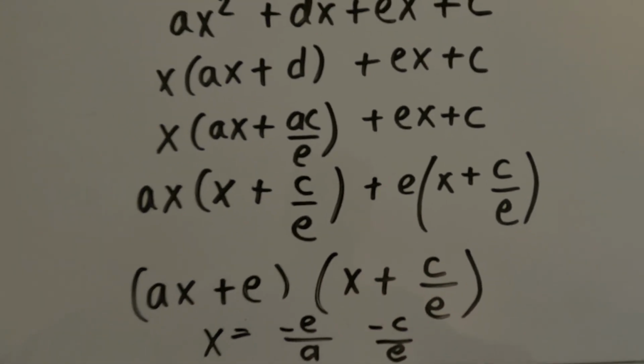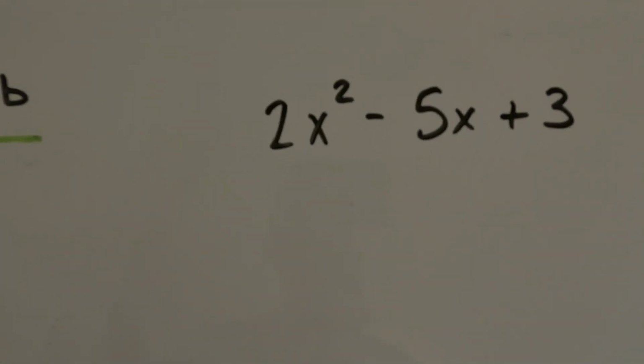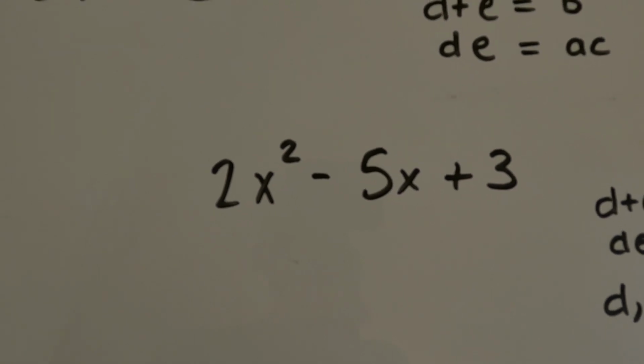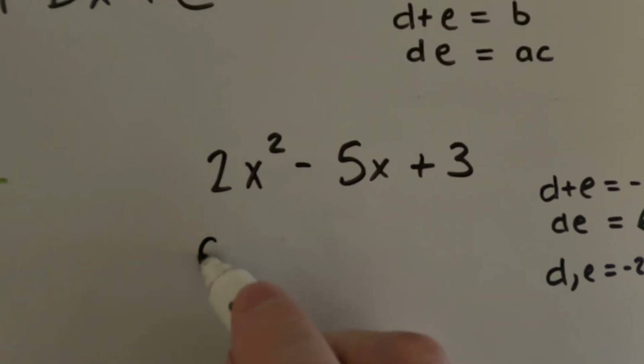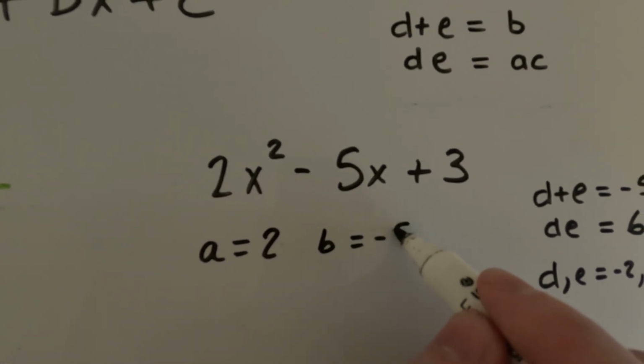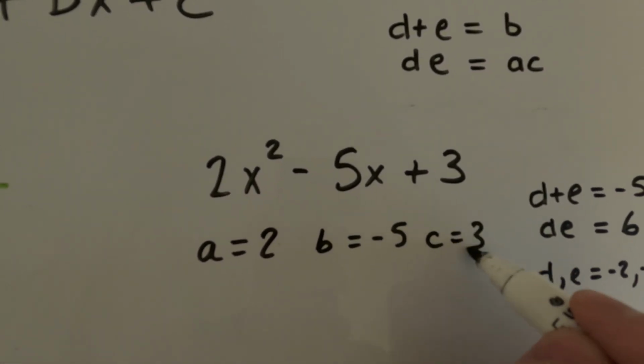Okay, now we're going to look at an example to show this in work. So 2x squared minus 5x plus 3. So what's a? So a is 2, b is minus 5, c is 3.